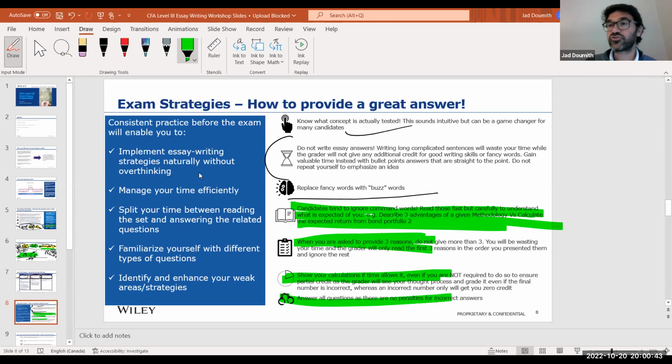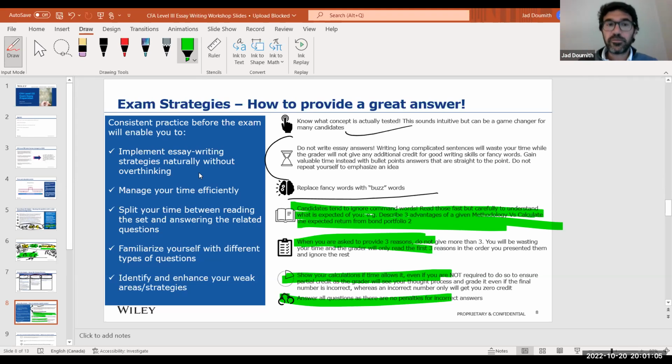Answer all questions that you have. There are no penalties for answering wrong. There are no penalties for leaving a question blank. So try, give it your best shot, right? Try to answer every question. When you leave the ones that are harder to the end, then go back to them if time allows it and try to answer them.